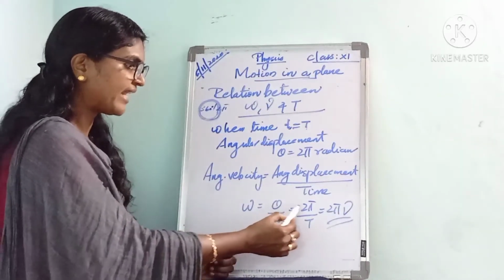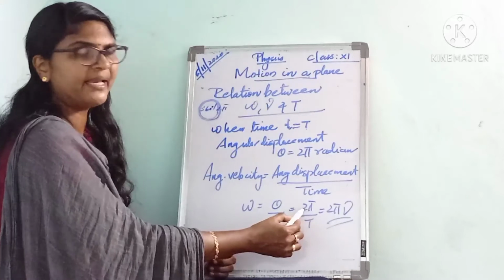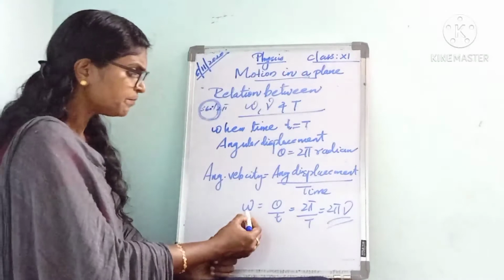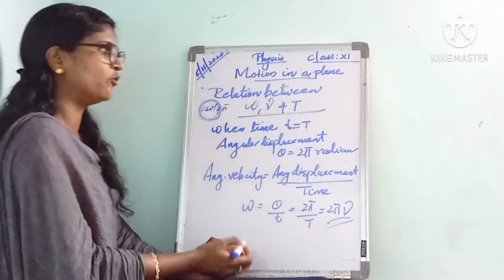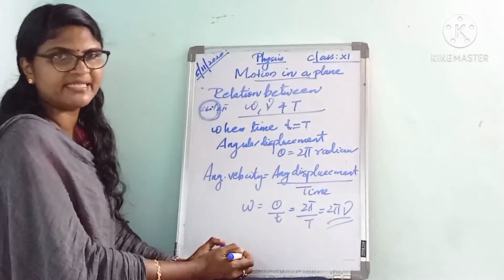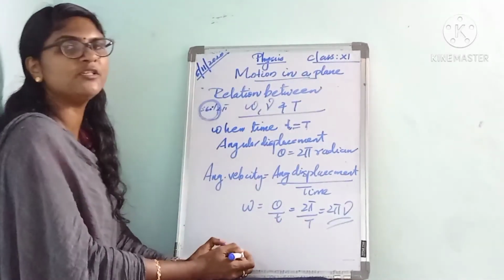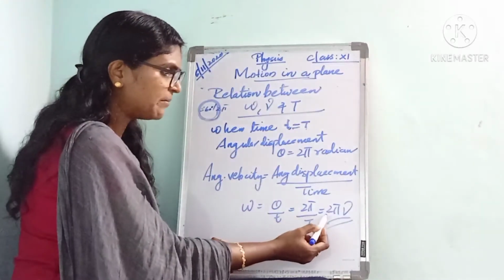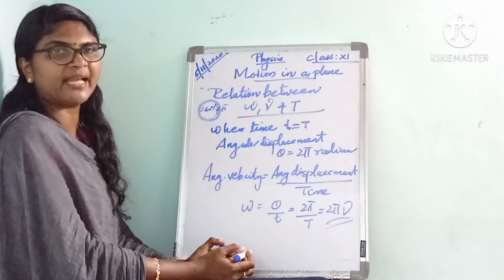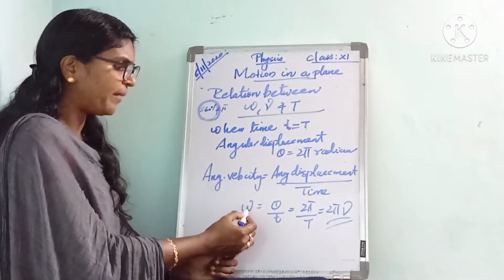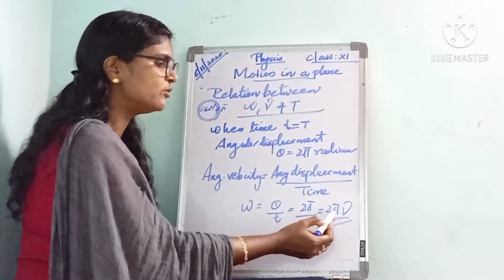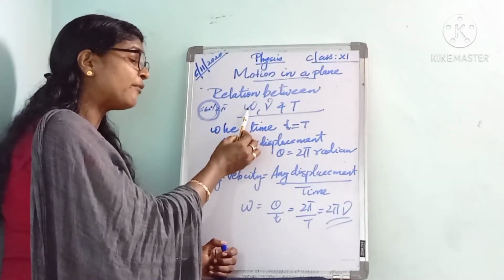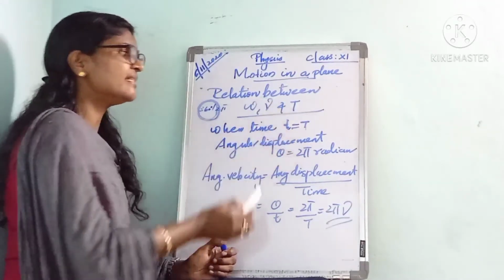Instead of theta we can write 2 pi, and instead of small t, the time period T. So we got omega equal to 2 pi by T. But you know 1 by T, the reciprocal of time period, is the frequency nu. So it can be written as 2 pi nu. So the relation is omega equals 2 pi by T equals 2 pi nu. That is the relation between angular velocity, frequency and time period.